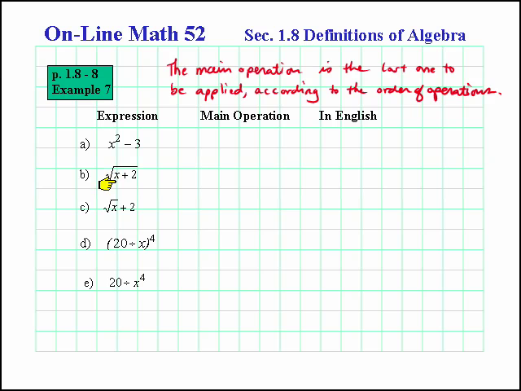You might think the square root, because addition is always last. Well, that's true if there are no grouping symbols. But here we have a grouping symbol, the radical. And since addition is inside the grouping symbol, the radical, the square root, it would have to be done first.